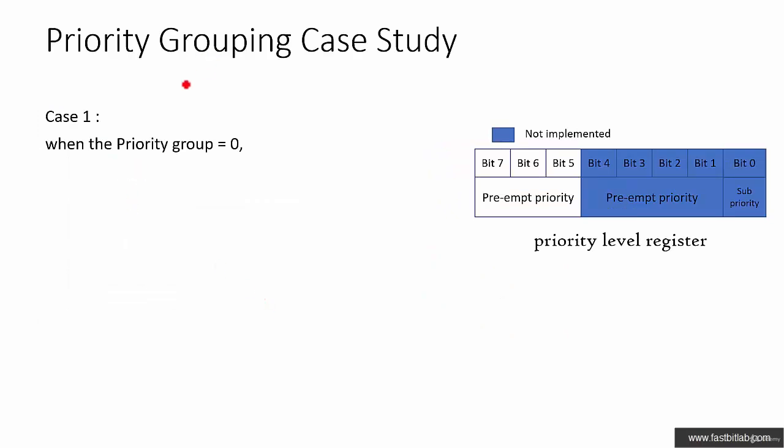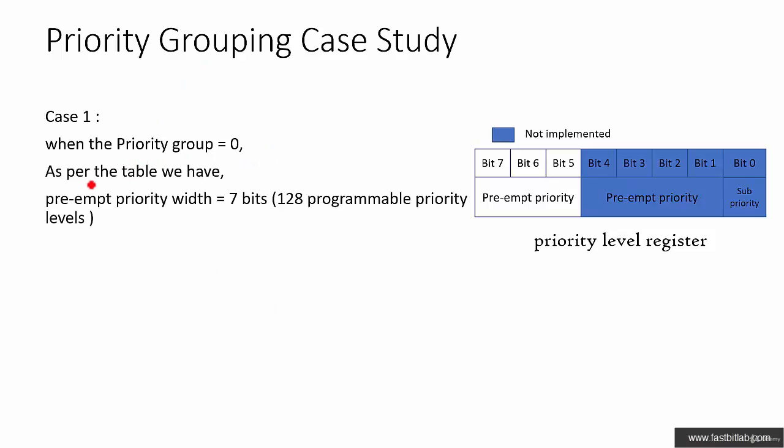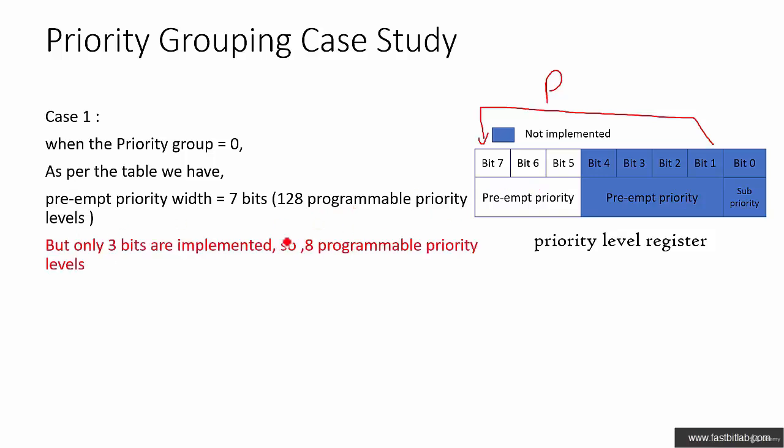What happens when the priority group is 0? When the priority group is 0, as per the table, we have preempt priority width of 7 bits. So up to here, these are preempt priority 7 bits. That means 128 programmable priority levels. But only 3 bits are implemented. Out of these 7, these are not implemented. So we are left with only 8 programmable priority levels, if the priority level register looks like this.